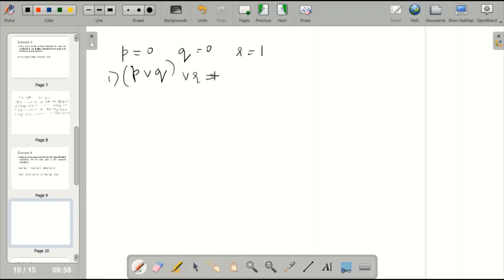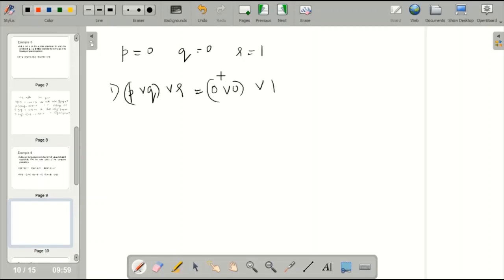First one was P or Q or R. So this value will be nothing but P value is 0, 0 or 0 or 1. So you know that 0 or 0 is always 0 itself in disjunction.